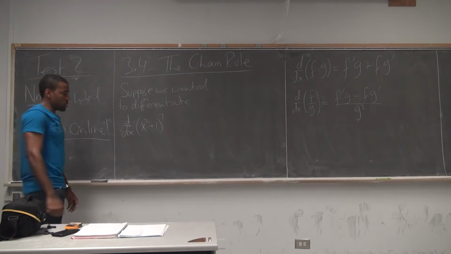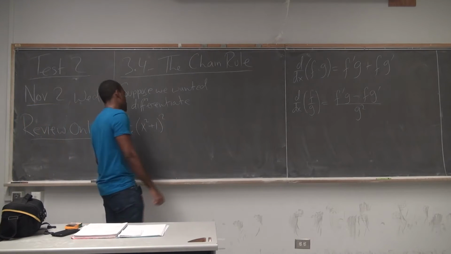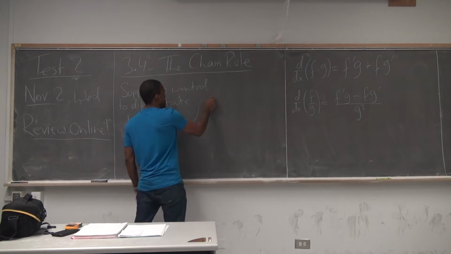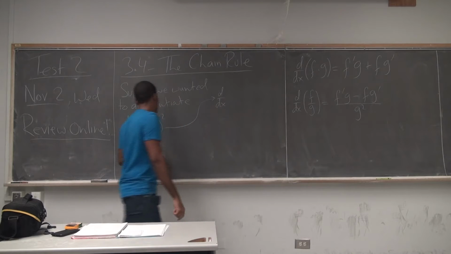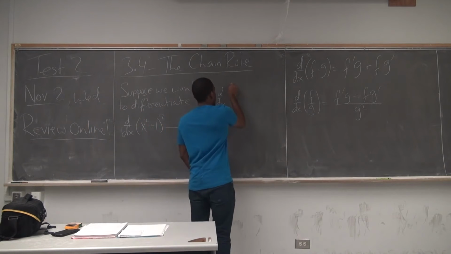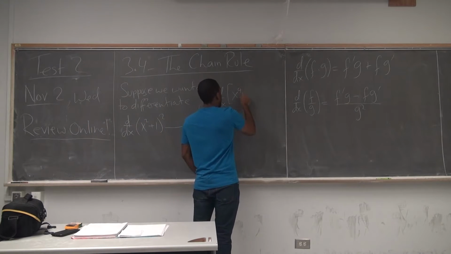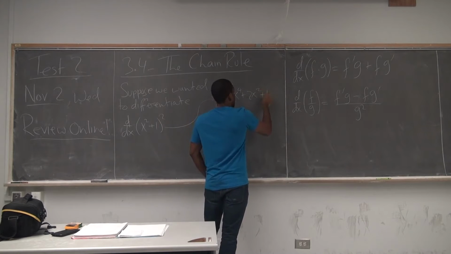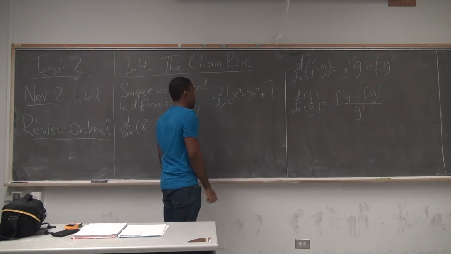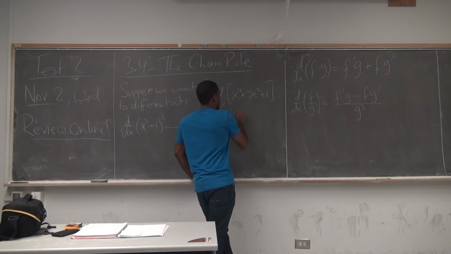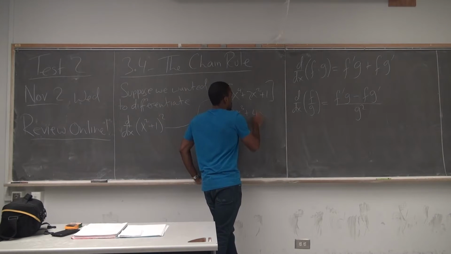Based on what we know so far, we have a couple options here. One, I could just expand this guy. I get x to the 4th plus 2x squared plus 1. Then I just do the power rule on each individual term, so I would get 4x cubed plus 4x.